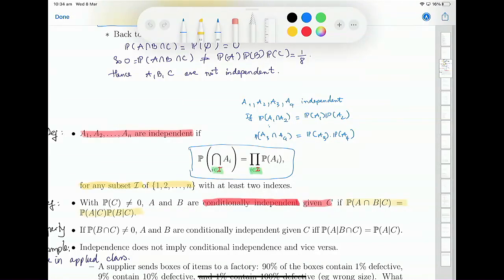So we have a property for conditional independence. This one is a property of the definition.